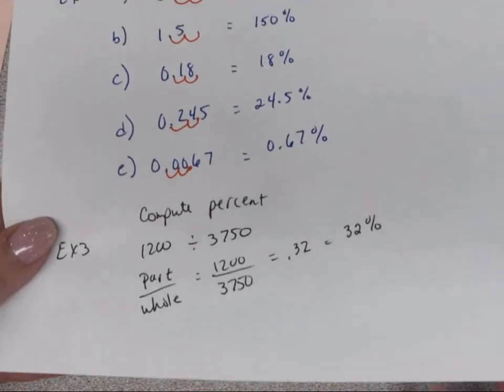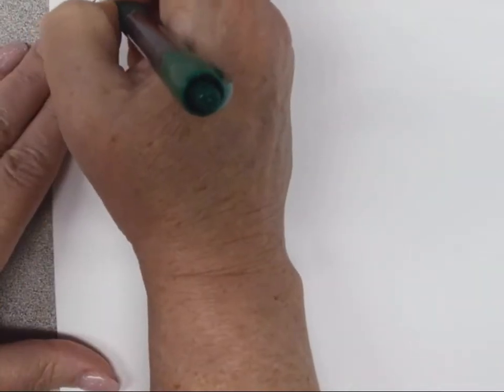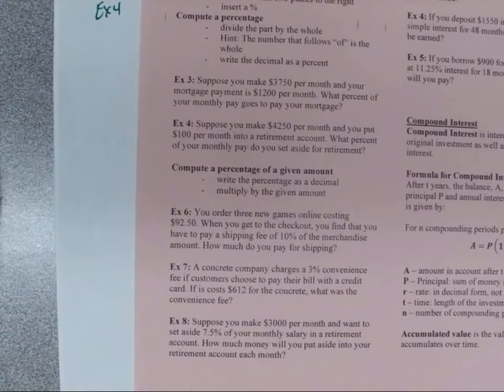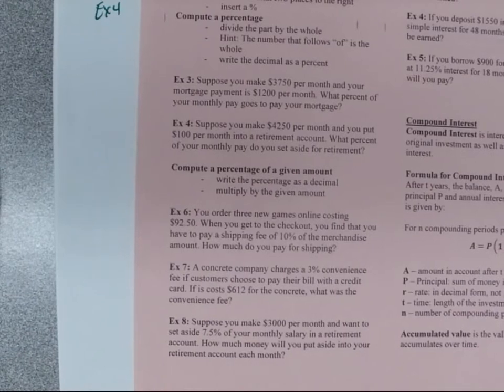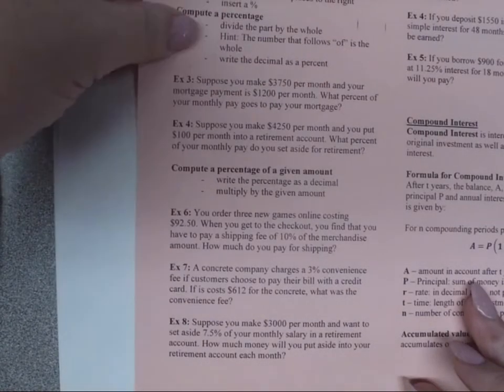All right, let's look at example 4. Suppose you make $4,250 a month and you put $100 per month into a retirement account. What percent of your monthly pay do you set aside for retirement?